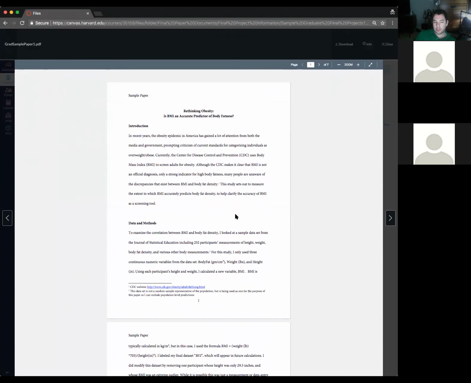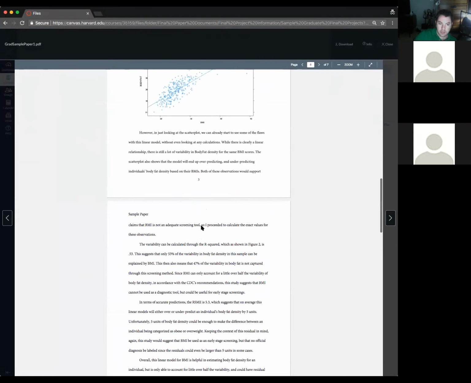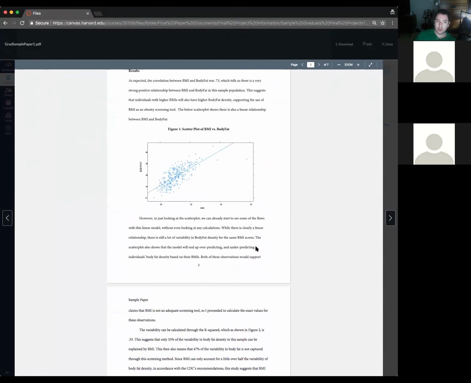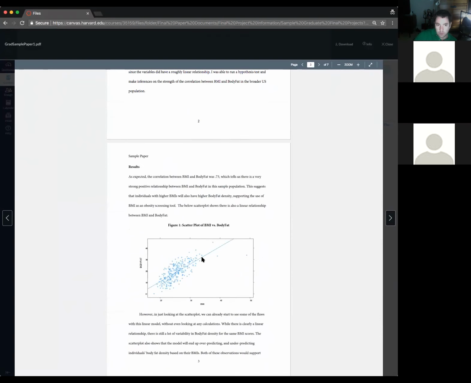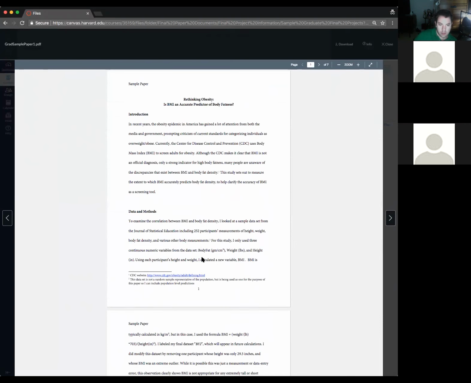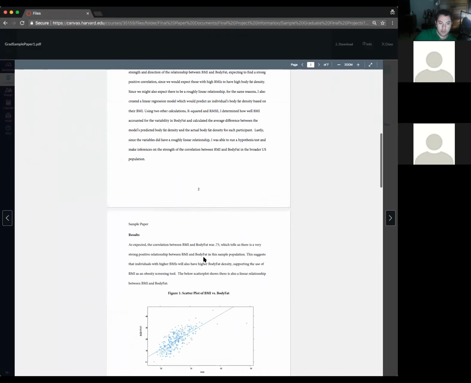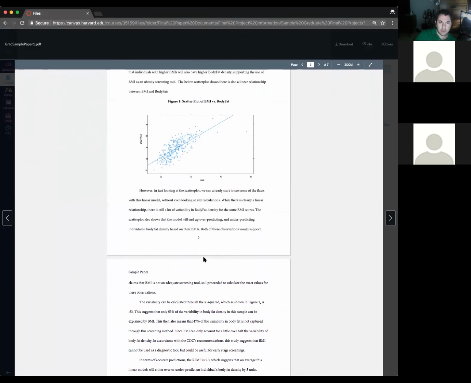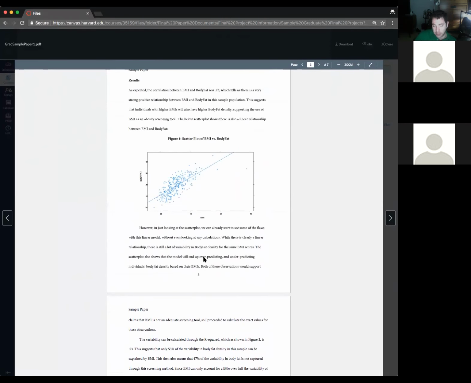You're going to come up with a research question. You're going to use a data set, either one that we provide or one that you found on your own. And then you're going to run some statistical analysis to answer your research question. So the research question for this paper is: is BMI an accurate predictor of body fat? And the way the student went about answering it was to take a look at a scatter plot.